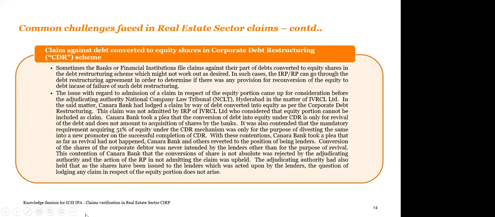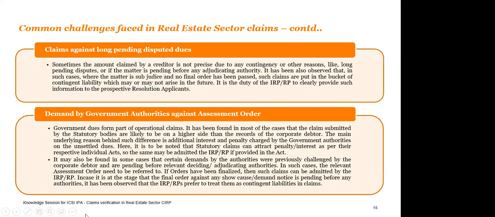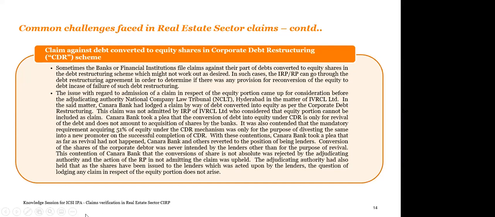So it simplifies the matter: when they have agreed to a conversion and there is no provision for reconversion from equity to debt, then that option has been exercised by the lender, and so the equity doesn't form a part of financial claims. So basically, they can't have the best of both worlds. That's, I think, the summary. Right, right, right. Exactly, sir.